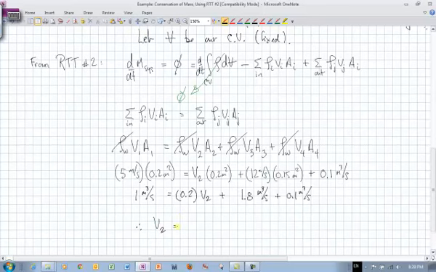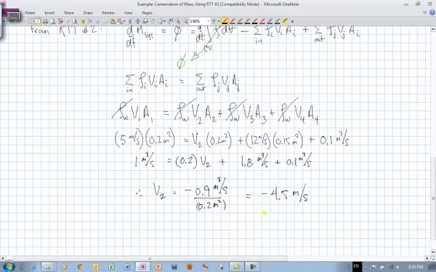That means V2 is equal to 1 minus 1.9, which is minus 0.9 meter cubed per second, divided by 0.2 meters squared. That's minus 4.5 meters per second.